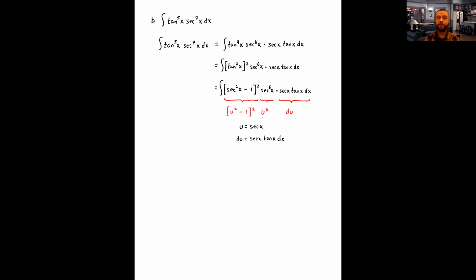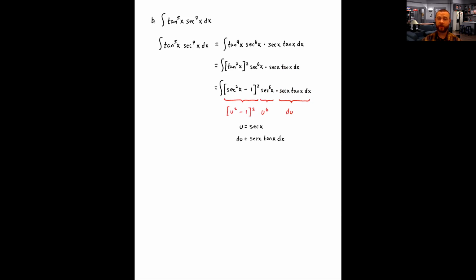Inside the brackets, we replace tangent squared with secant squared minus 1. Notice the external 2 still on the outside of those brackets.